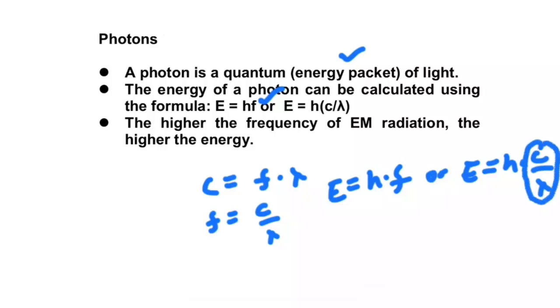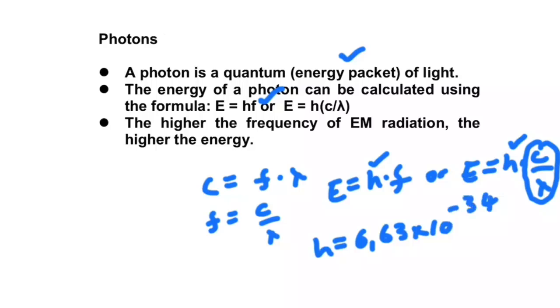But enough about that. You might be asking yourself, what is this h that we are talking about now? This h is what we refer to as Planck's constant. The name Planck comes from the person who actually figured this out. So Planck's constant is equal to 6.63 times 10 to the minus 34.